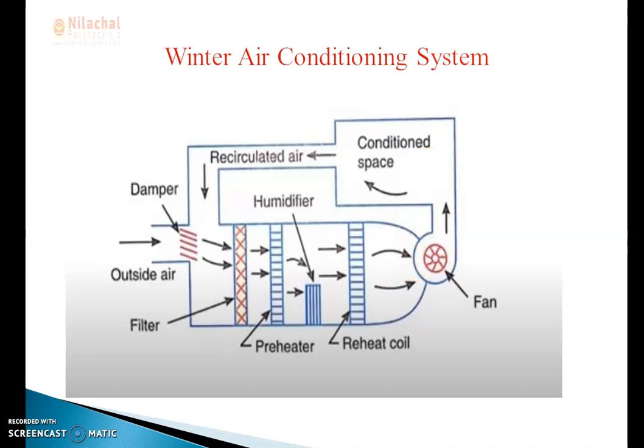The used air is exhausted to the atmosphere by the exhaust fan or the ventilator, and the remaining part of the air, known as the recirculated air, is again passed through the conditioned space by mixing with the outside air to make up the loss of conditioned air through the exhaust or the ventilator from the conditioned space.